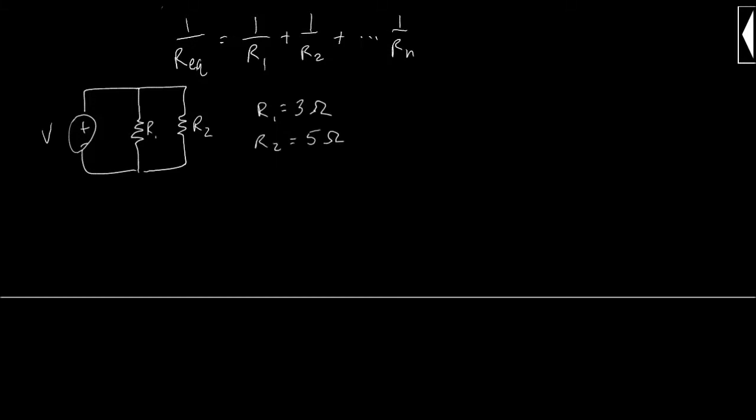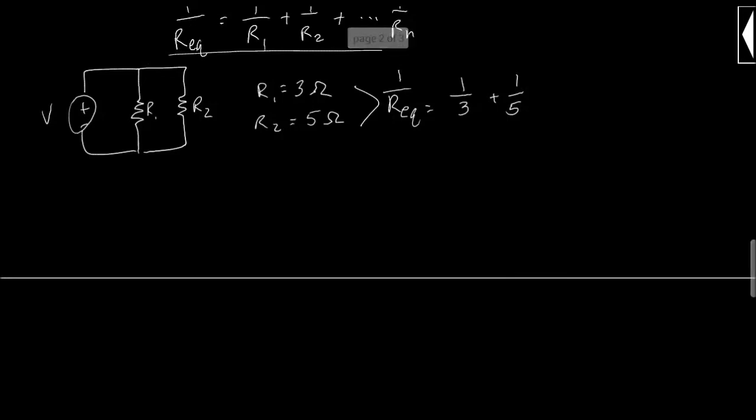So using this equation that we just established up here, we can say that 1 over R equivalent is equal to 1 over 3 plus 1 over 5. So you can use algebra and essentially solve for the equivalent resistance.